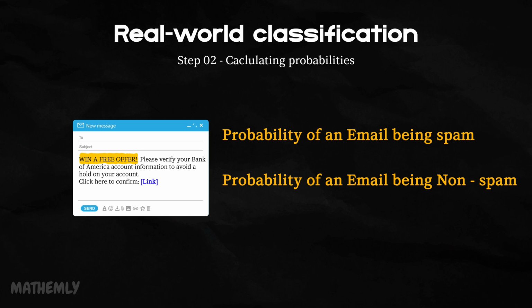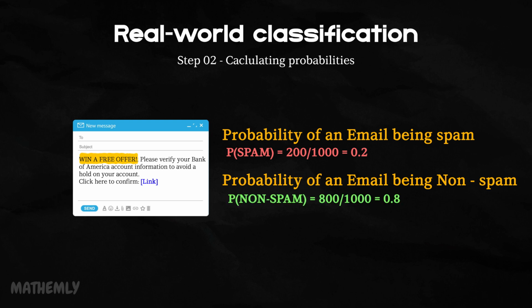Probability of spam is the number of spam emails divided by the number of total emails, equals 200 divided by 1000, equals 0.2. The probability of not spam is the number of not spam emails divided by the number of total emails, equals 800 divided by 1000, equals 0.8.